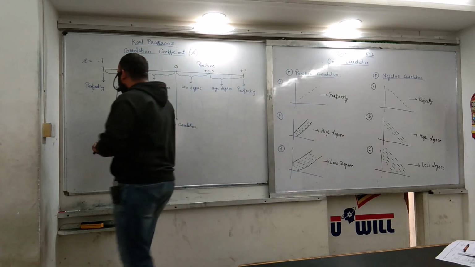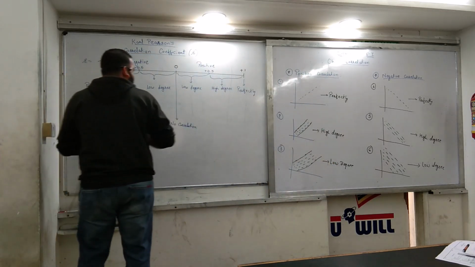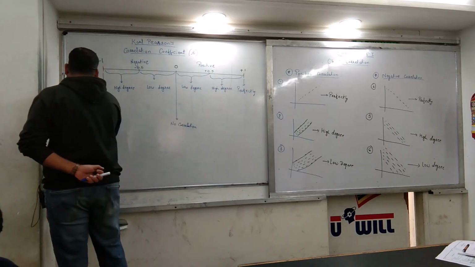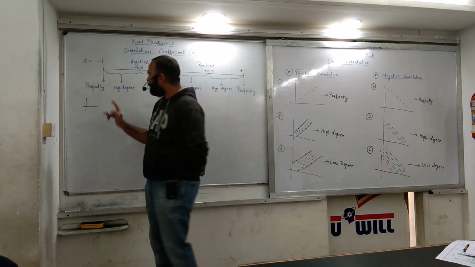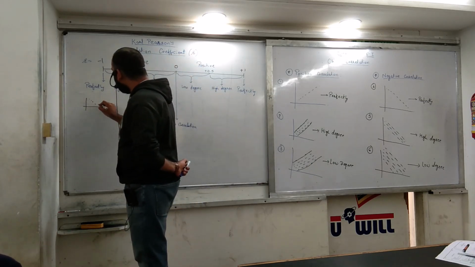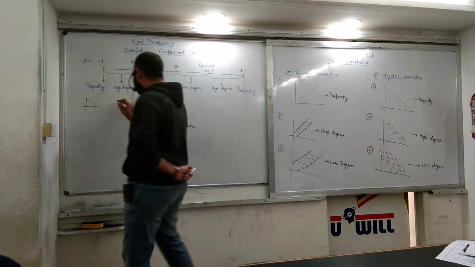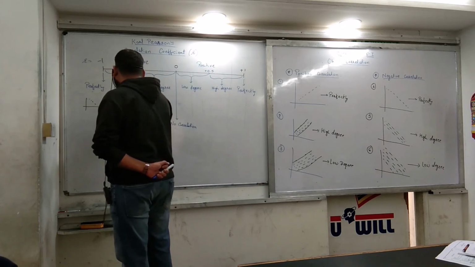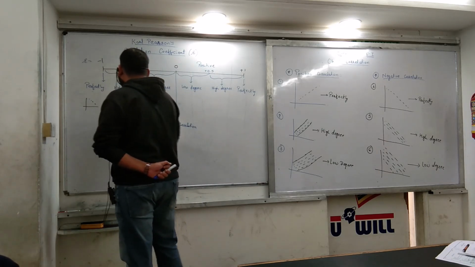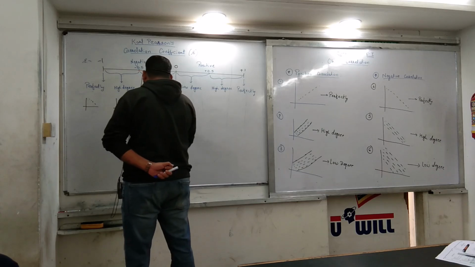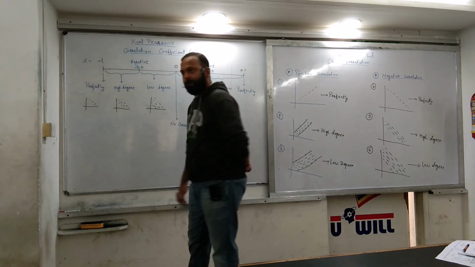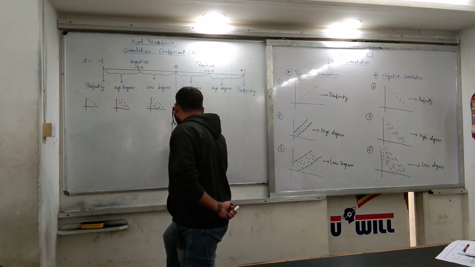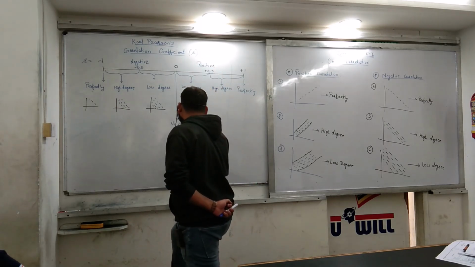Now if you draw the graph of this, we have already seen those graphs. Here I am making them roughly, not perfectly, in small graphs. It is perfectly negative, that is downward sloping. If it is high degree, then there will be few lines of negative. If it is low degree, then more lines will be there, but all will be downward sloping. If it is no correlation, there is no set pattern of this graph.